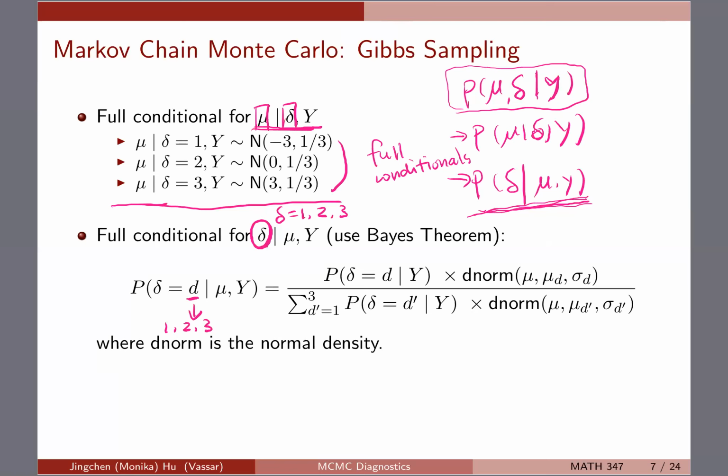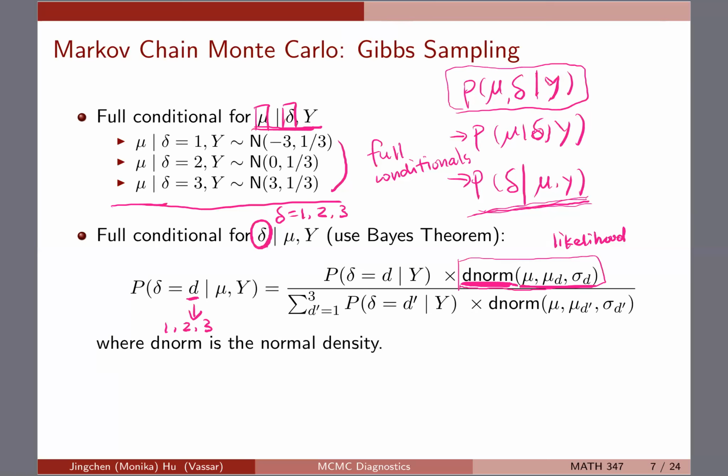So what's on the top here? The product. I write it in terms of dnorm, but it's really talking about the likelihood, the contribution from the likelihood for this delta, right?